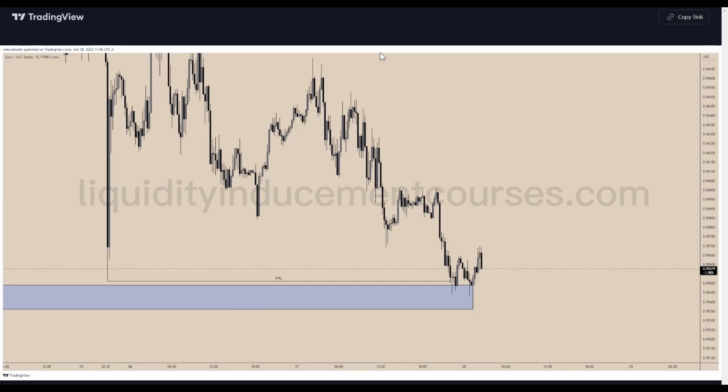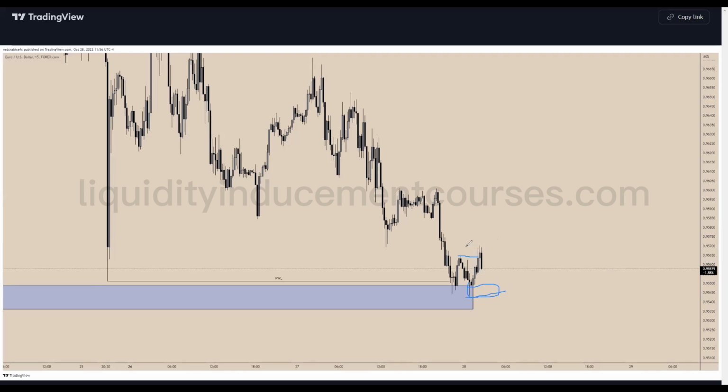Bro Milan, maybe I could annotate what I was thinking in this picture, okay? So for me, what I'm seeing is this is probably a fake break of structure, and then price is going to either mitigate this IPA, which is obviously not 50% yet, or probably induce this.